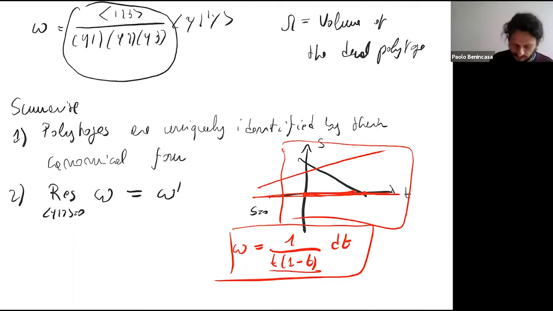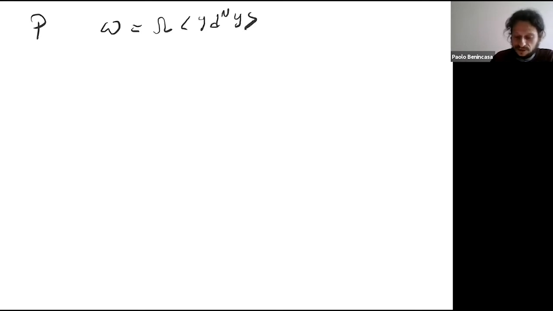So let's say I have a polytope P in Pn. I have a differential form which has a coefficient with some measure, and to this I can always associate a P tilde, and in this case omega is the volume of P tilde.